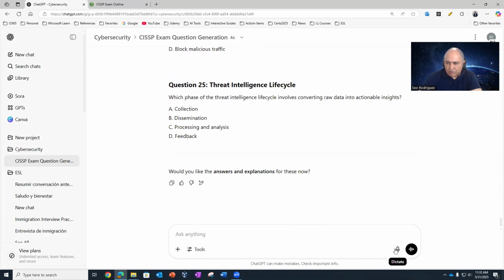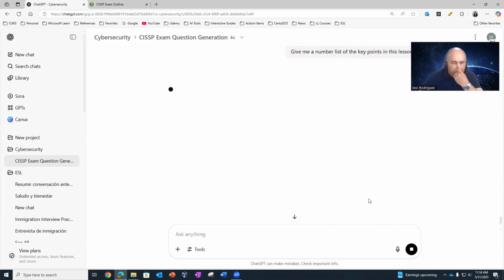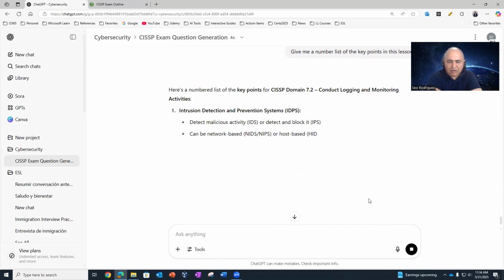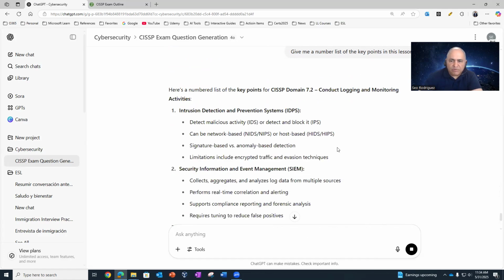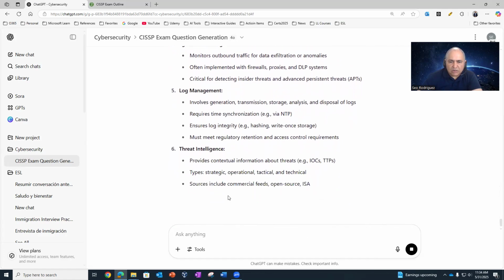I could say, for example, give me a numbered list of the key points in this lesson. I love key points because I like to print them out, and for reviewing it's excellent.